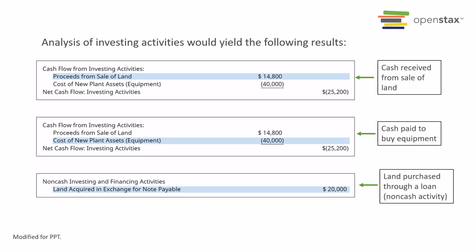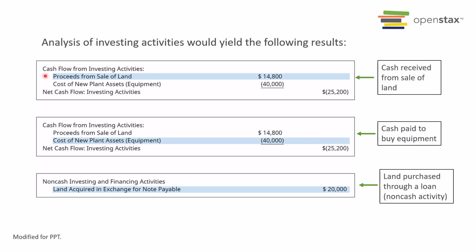So let's build. First thing we're going to do is write the header, cash flow from investing activities, so we know that it's a new section. Then we're going to list immediately under that any proceeds received from selling equipment.